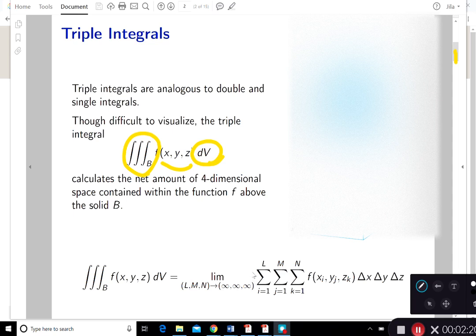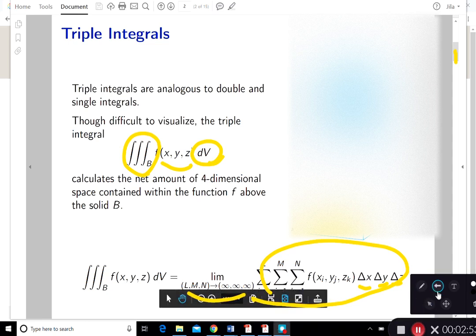A double integral was two sums. Here there are three sums, and then you take the value of the function times the volume element, which is infinitesimal x, infinitesimal y, infinitesimal z, as the number of divisions gets smaller and smaller.